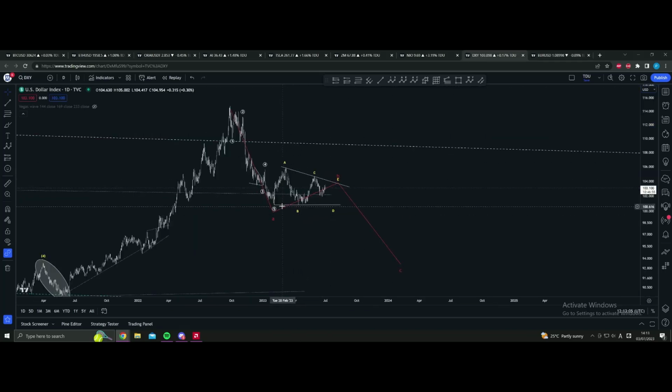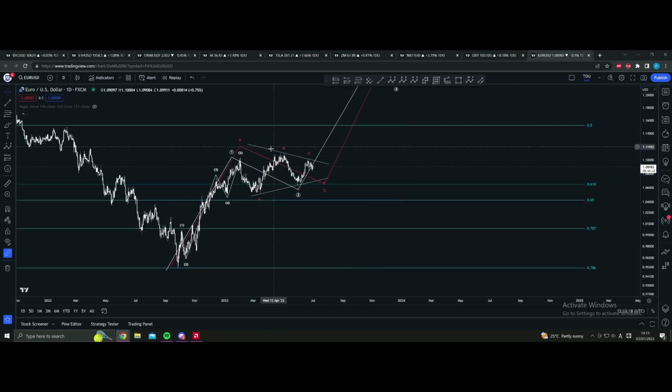But in DXY, I think you have a barrier. Let's see if this holds as a D, and then we're gonna have another little rally for the E, and off we go. Well, in euro, you could have a running triangle with A, B, C, although this does look impulsive. Let's see if it's gonna make it.